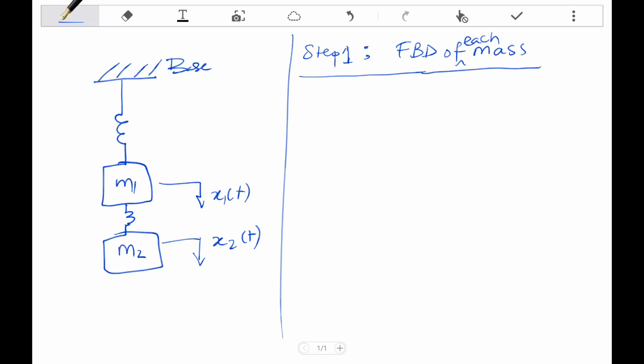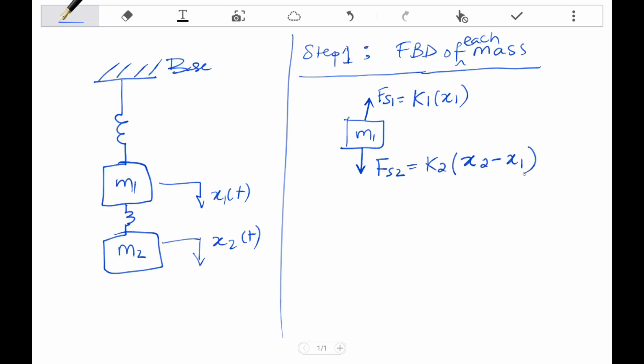So then we've got mass 1 here, M1, and we've got a force acting there in tension, and another force acting in tension here. That's F spring 1, which is going to be K1 times X1, and then we're going to have FS2, and that's going to be K2 times the displacement, which is basically X2 minus X1.